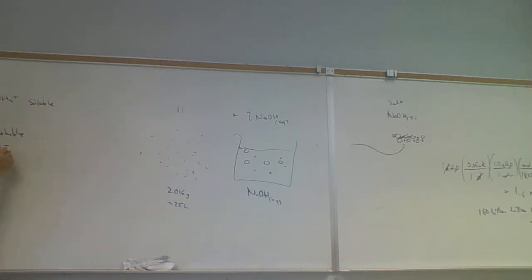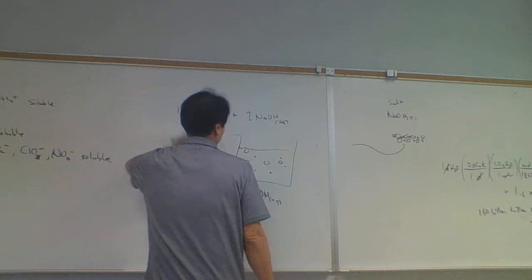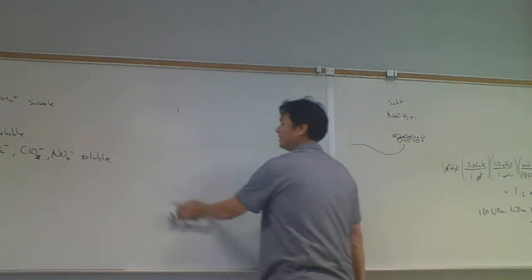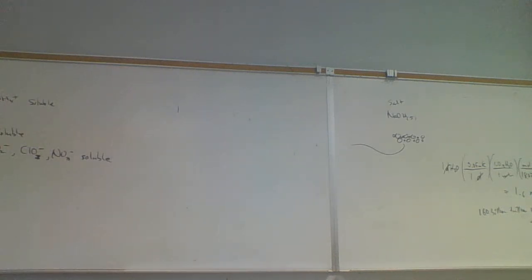Acetates, chlorates, and nitrates. These are soluble, and it doesn't matter the cation here. Iron 3 nitrate, soluble or insoluble? Soluble. Lead 2 acetate, soluble. Doesn't matter the cation.